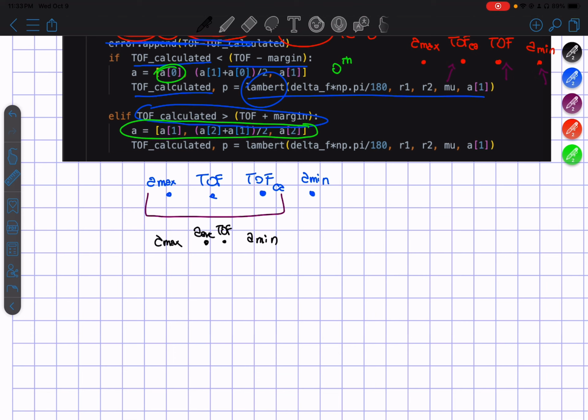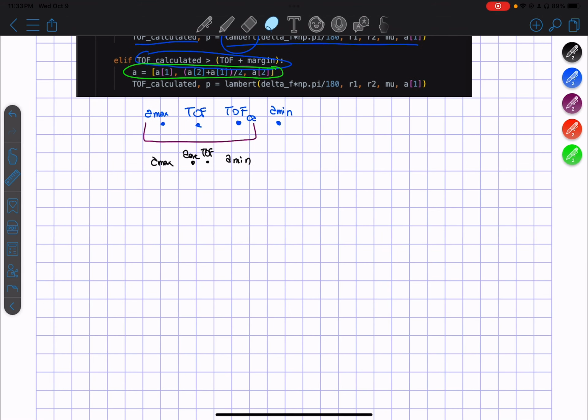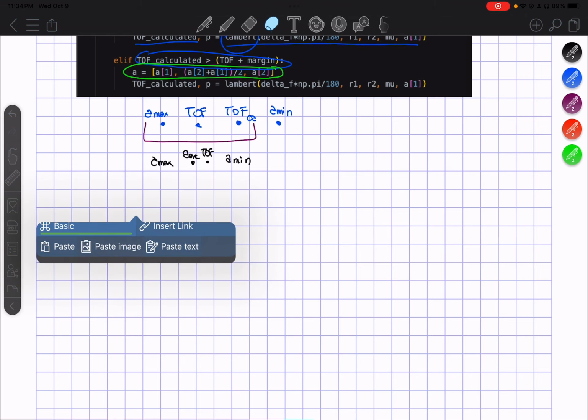If you're interested in seeing what an error graph for this should look like, I'm gonna copy it here. Of course, the iPad froze when I asked to do this. There we go.